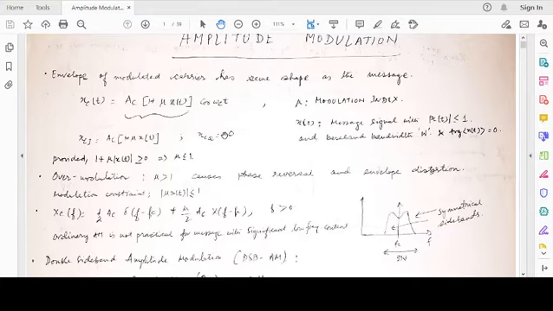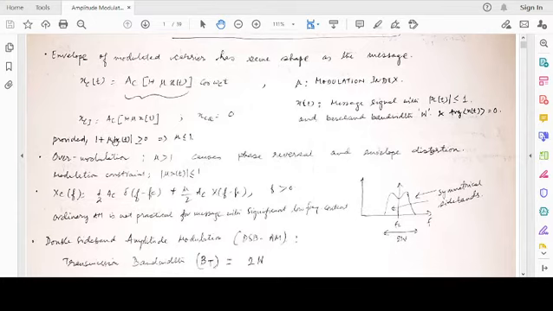Now observe that 1 plus mu x(t) should be greater than or equal to 0. Why?